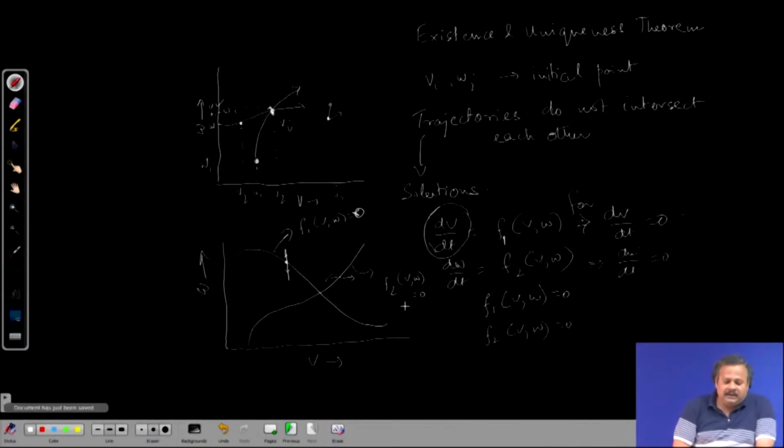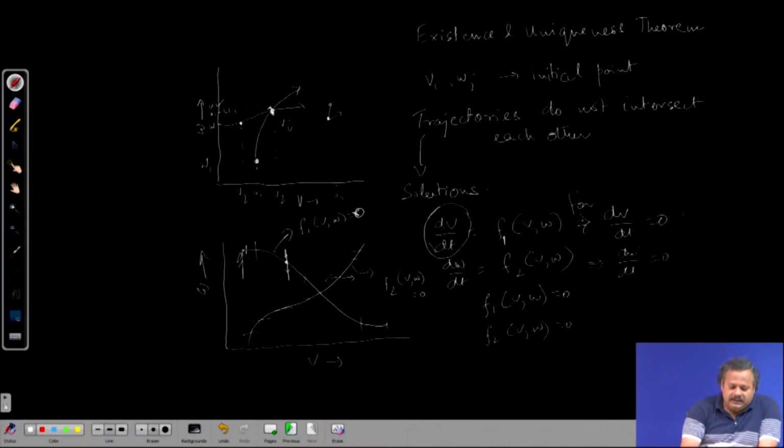That is, anywhere the trajectory crosses this line, the F1 V, W equals 0 line, then it will cross vertically anywhere along there, be it here, be it here, be it here, anywhere. Similarly, anywhere along this line, the trajectories have to be crossing horizontally. So, these lines are called the null lines.